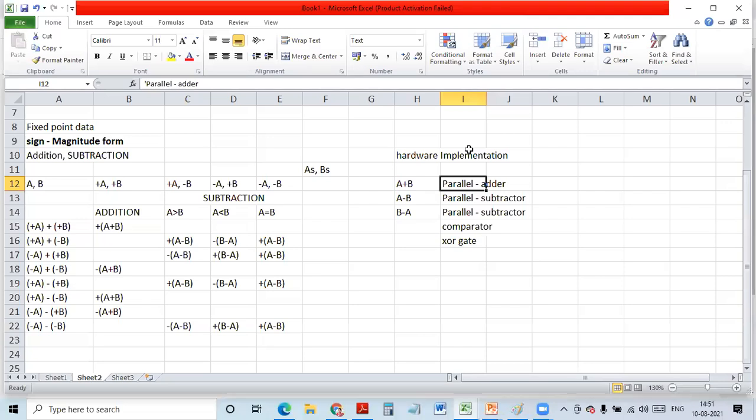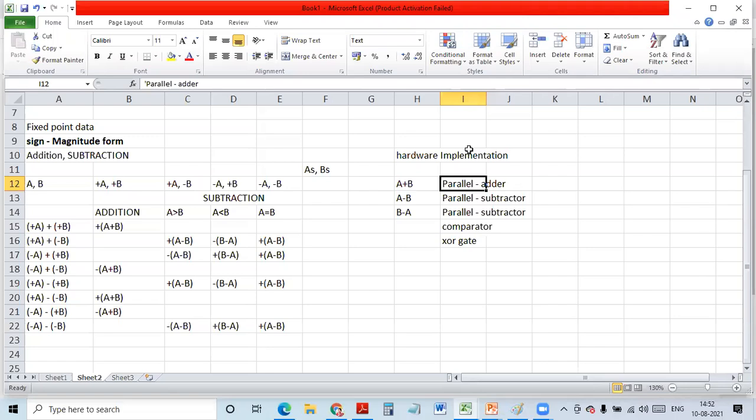A complementer, right? So I can perform subtraction by complementing the number and adding to the first number. With the help of a parallel adder and one complementer, rather than two parallel subtractors, the same parallel adder suffices for getting the outputs either A minus B or B minus A.